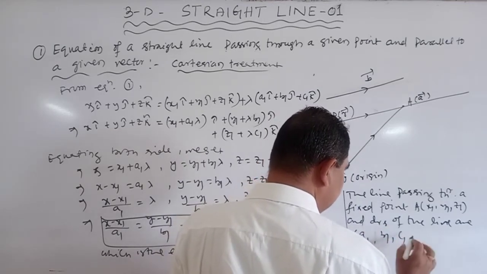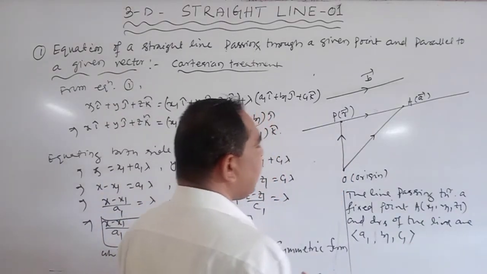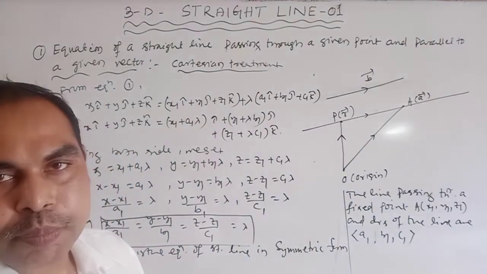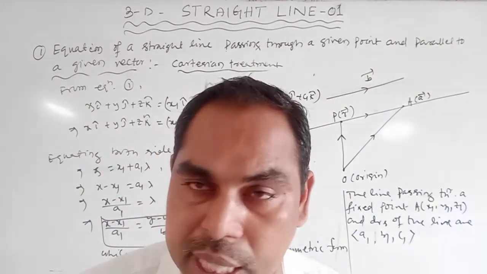DRs of the line are A1, B1, C1 means the direction of the line AP. So we need the direction ratios of the line.